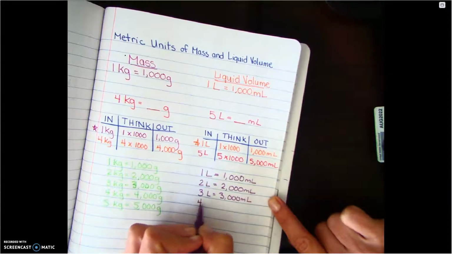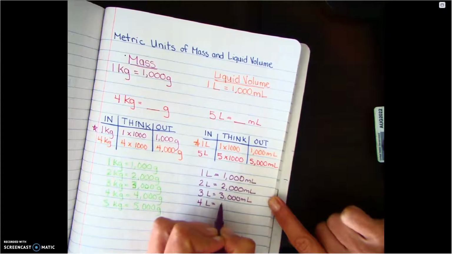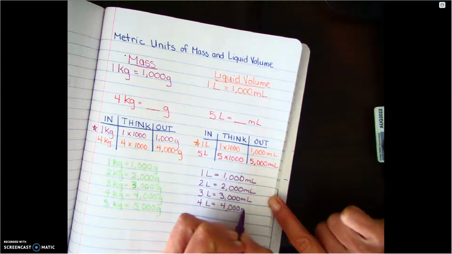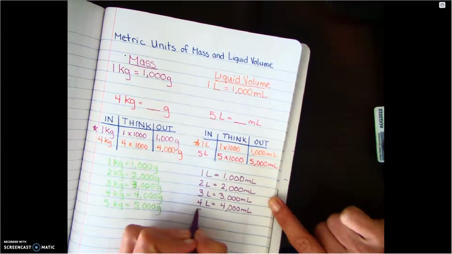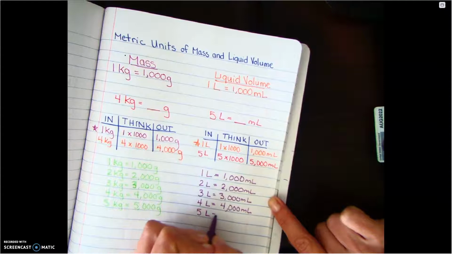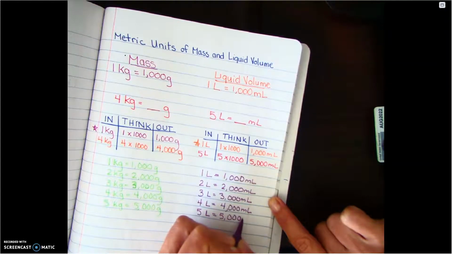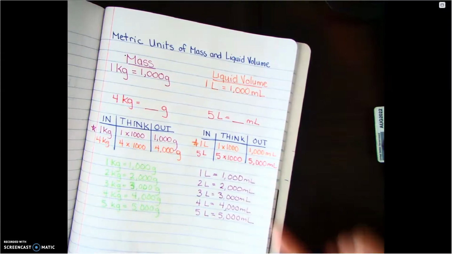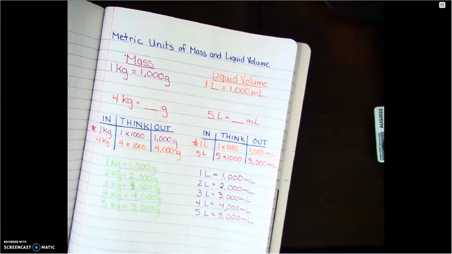And 4 liters would be 4,000 milliliters. And then 5 liters would be 5,000 milliliters. All right, so this one, if you see the pattern, then you don't really need to use your think chart.